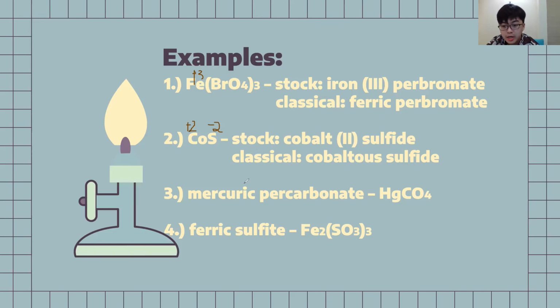Next we have mercuric percarbonate. Percarbonate is -2, and to make it equal to 0, the mercury must be +2.